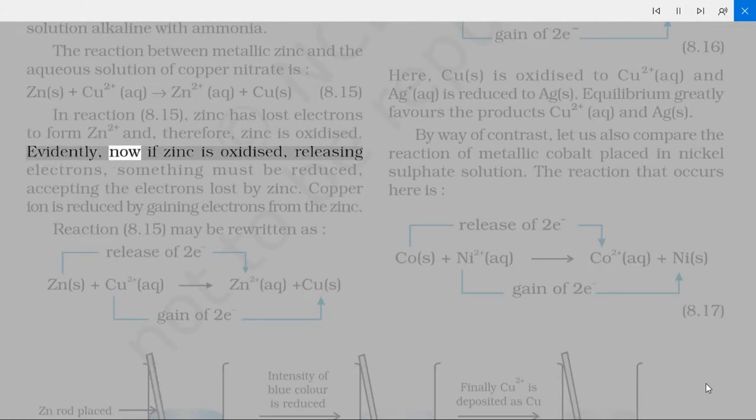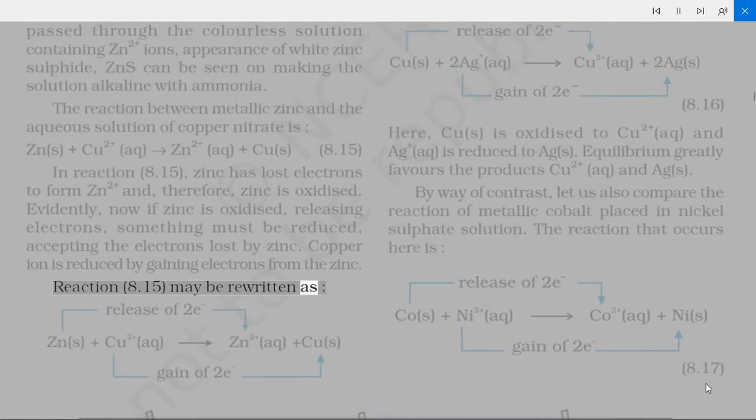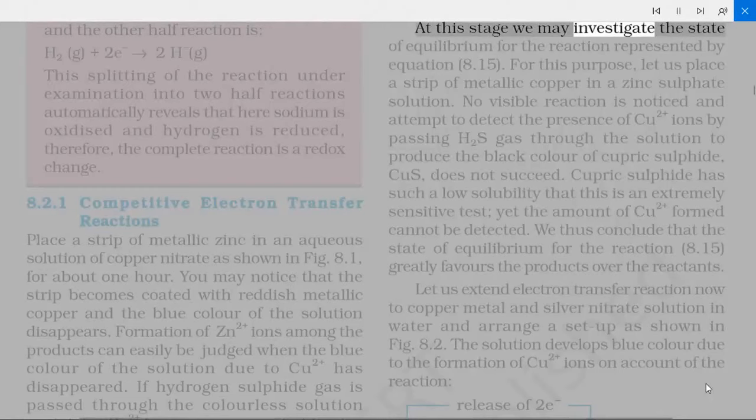Evidently, now if zinc is oxidized, releasing electrons, something must be reduced, accepting the electrons lost by zinc. Copper ion is reduced by gaining electrons from the zinc. Reaction 8.15 may be rewritten as follows.